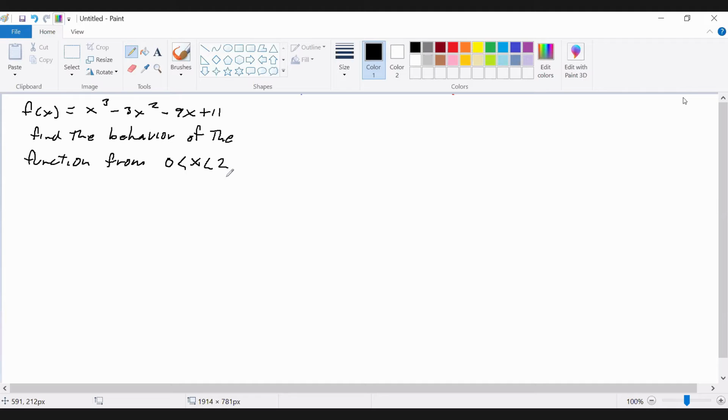At that particular spot, without graphing, will the graph be increasing or decreasing?